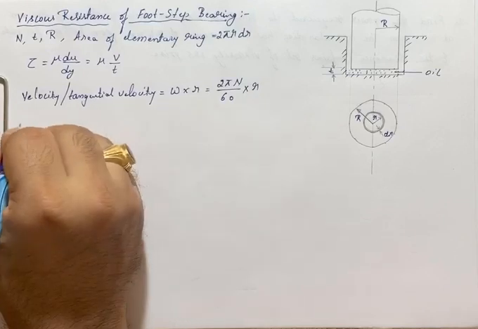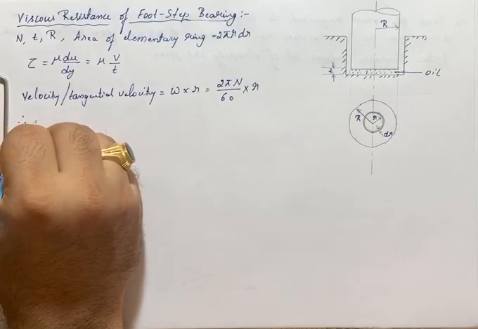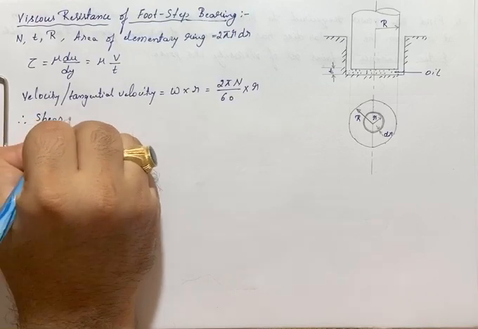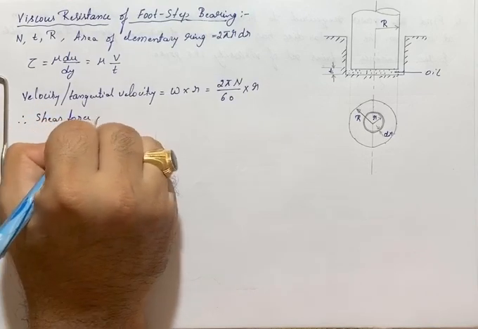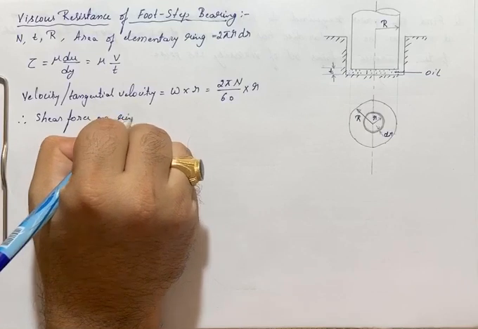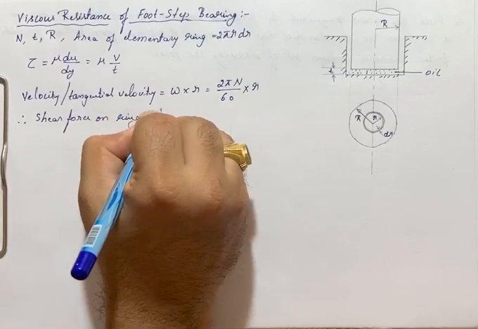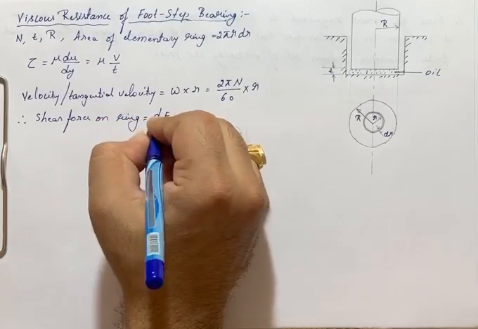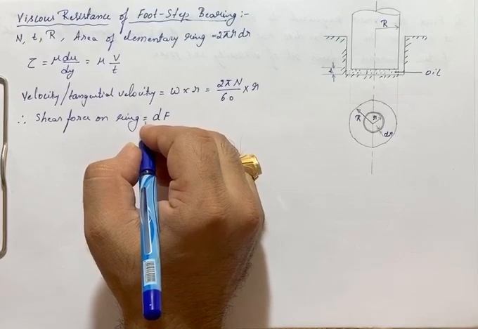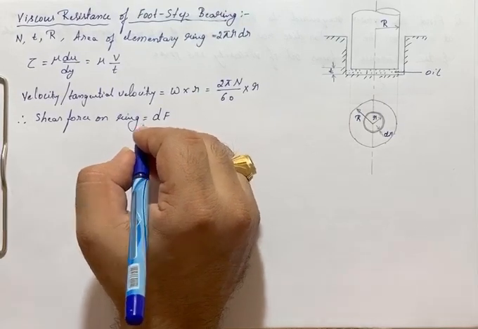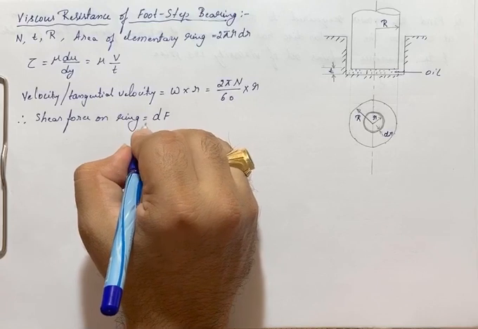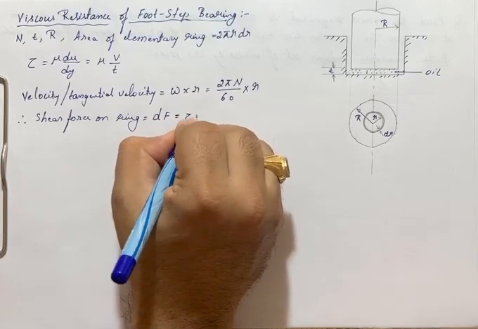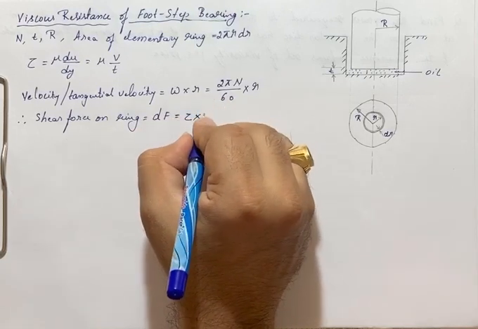Therefore, the shear force on the ring, dF, is given by tau into the area of the elementary ring.